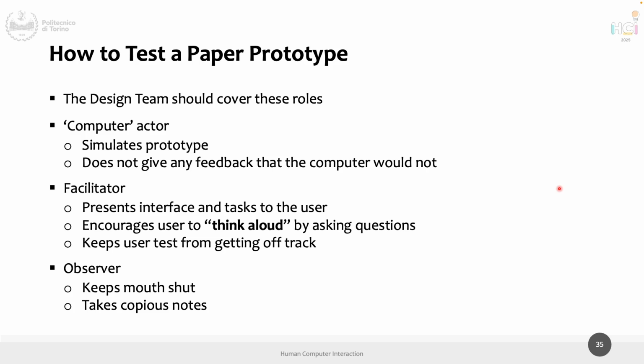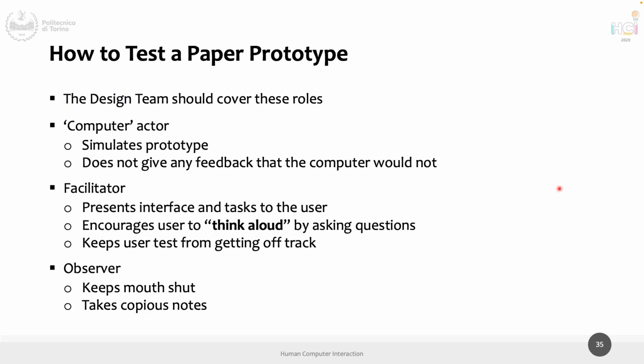It will just give you the piece of paper or the piece of information that is a consequence of your action. So this is in general how to test a paper prototype. In particular, we will test it through a usability testing, a heuristic evaluation after our feedback.